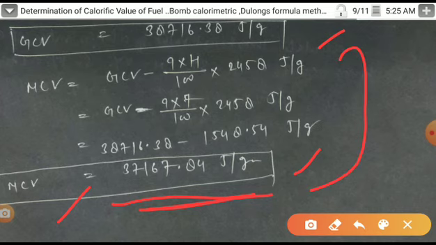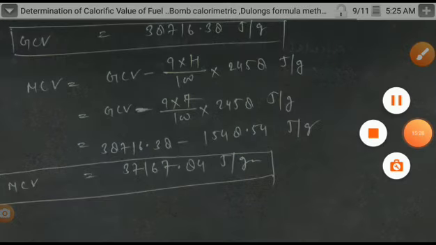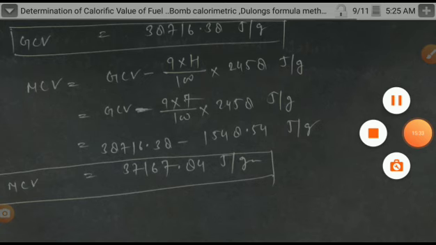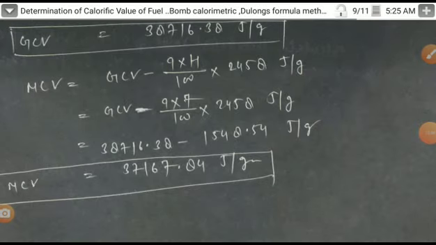So your answer is right. This is the method by which you can solve the numerical when the percentage composition of all elements, like carbon, hydrogen, sulfur, nitrogen, and oxygen, is given. You have to apply Dulong's formula only to calculate the GCV or gross calorific value of a fuel.